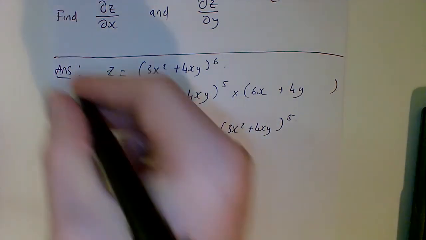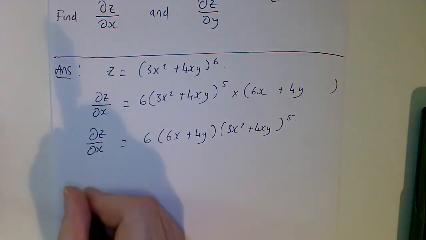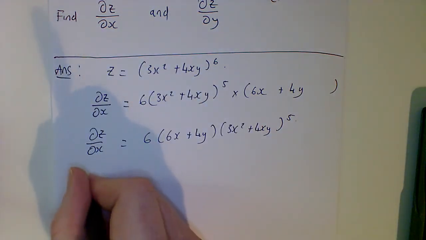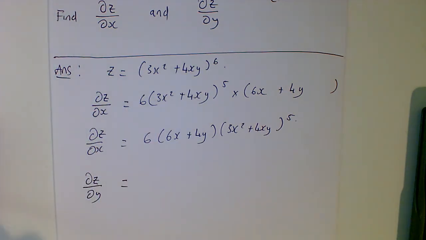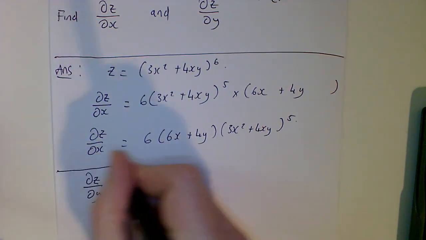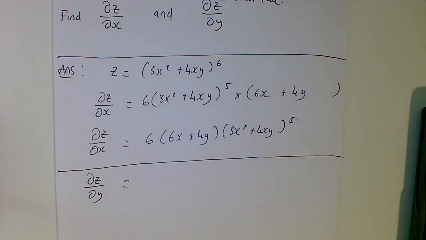Right, now I need to work out partial dz by dy. I'll just draw a line here saying that's the first bit worked out. I'm going to work out the second bit. Again I've got y in the bracket, so I know it's the chain rule.